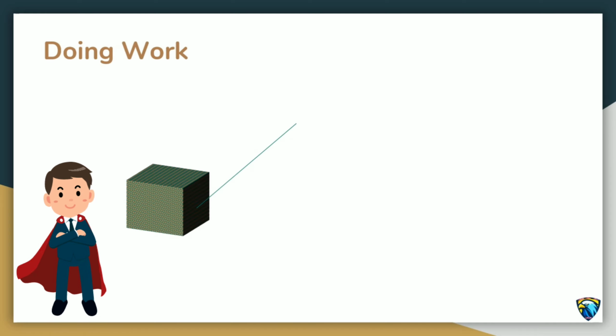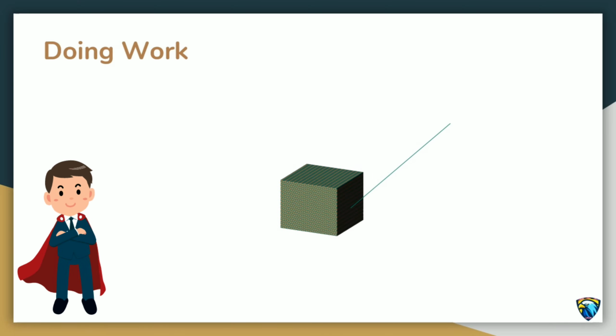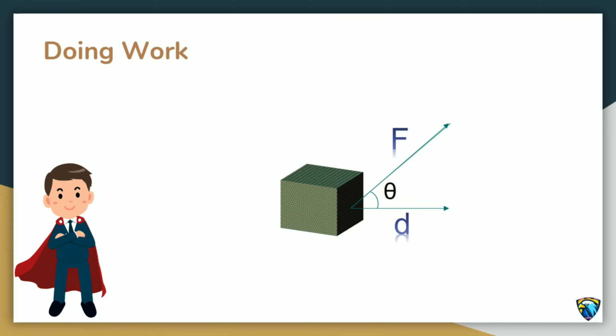The answer is yes. Let me show you. So suppose I now pull the block like this. As you can see, my force is along the string, but the displacement is along the x-axis. There is an angle theta between the force and the displacement.